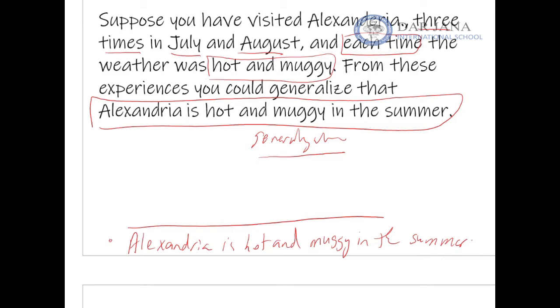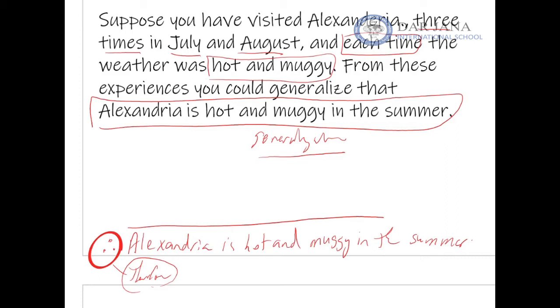And I use these 3 dots to signify that this is a conclusion. In other words, some call this therefore or hence. Okay, so therefore is a conclusion. Alexandria is hot and muggy in the summer.